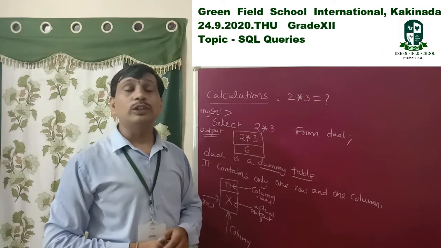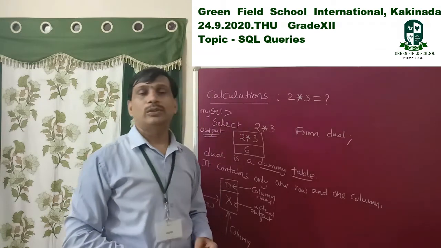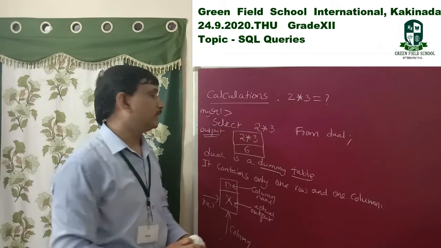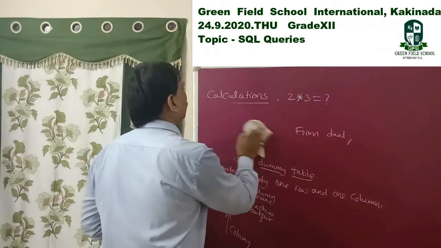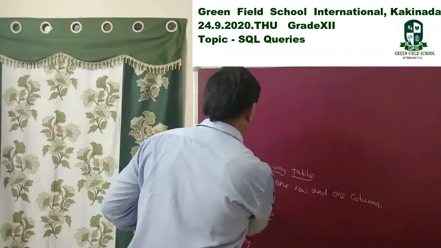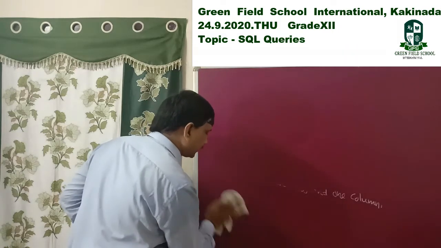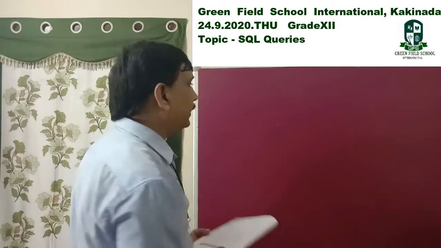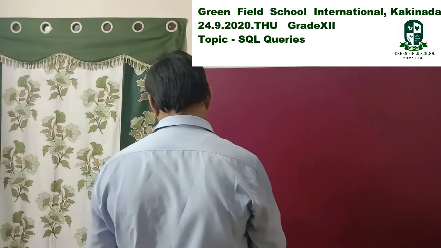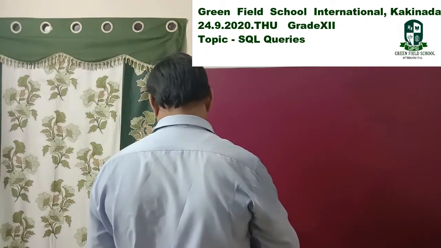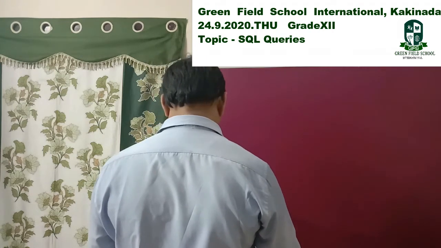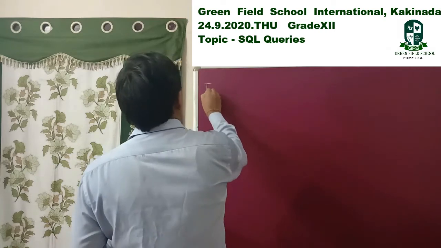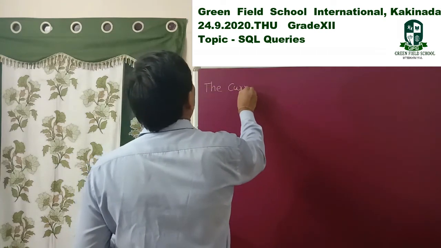Okay. So to display the current date, today's date, we use the DUAL table. Right here, one more example: to display the current system date from the DUAL table. They are asking for the current date, which means the current system date. Every system has some date, the current system date.